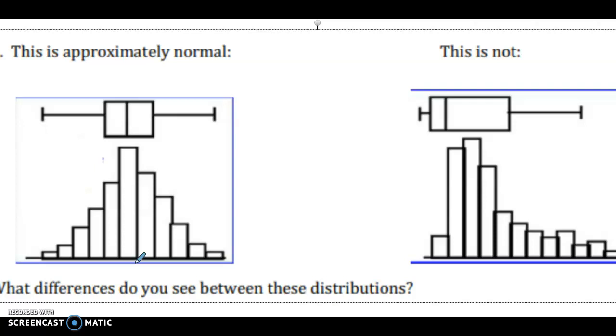So 25% of all the data is represented in each of those quartiles, quartile 1, 2, 3, and 4. With the center 2 being the inner quartiles, they make up half or 50% of all the data. And then the whiskers represent the 25% on each end.